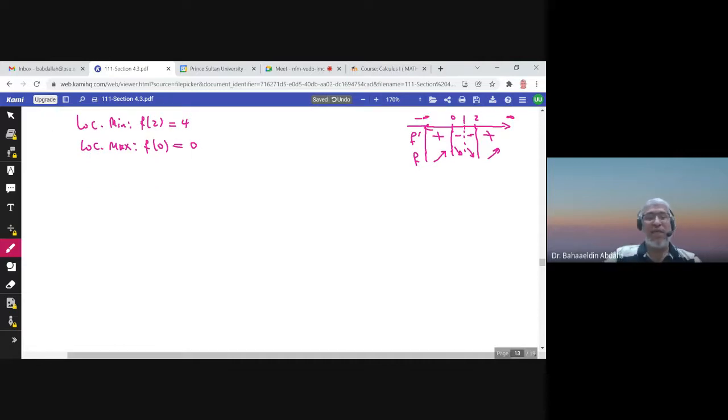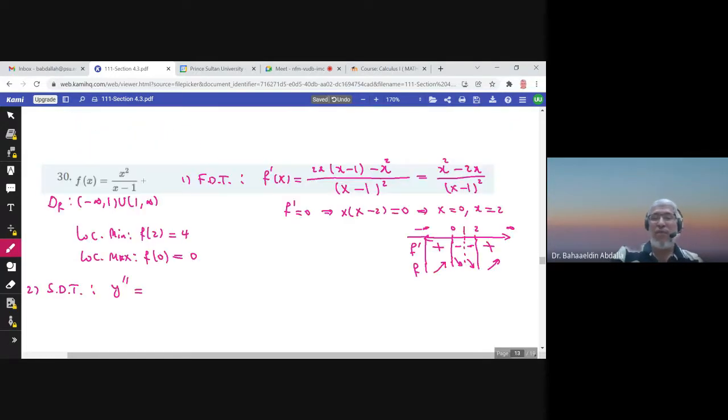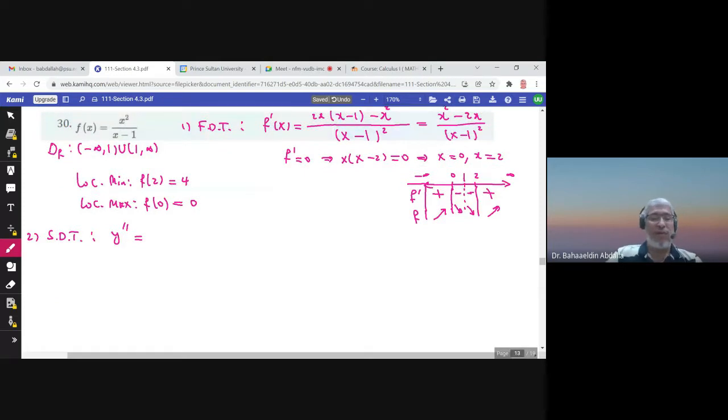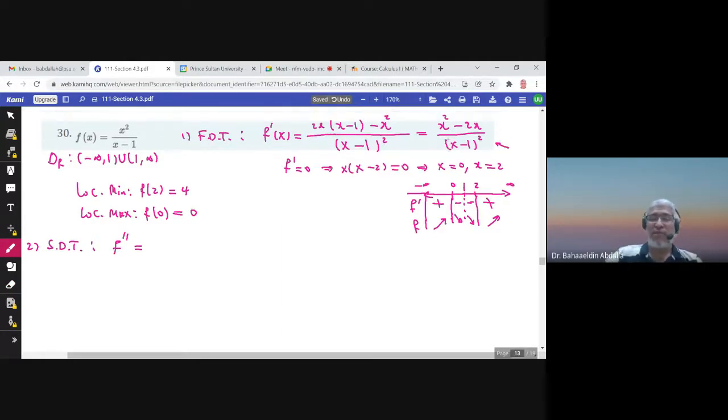Now to use the second derivative test, I have to find y double prime. And for y double prime, or f double prime, I will use this one, okay? So I'll find the derivative of this function.